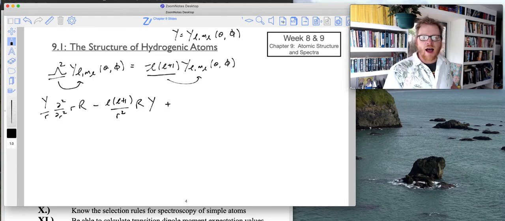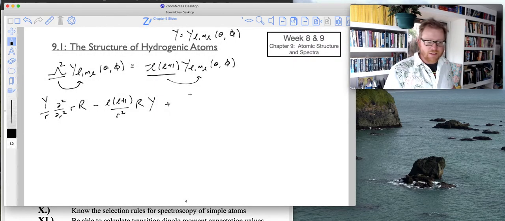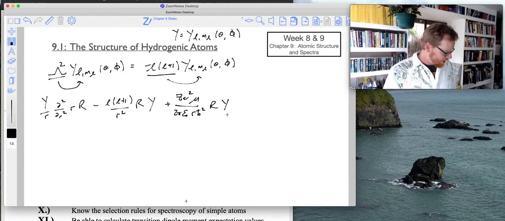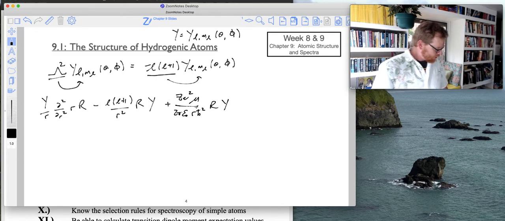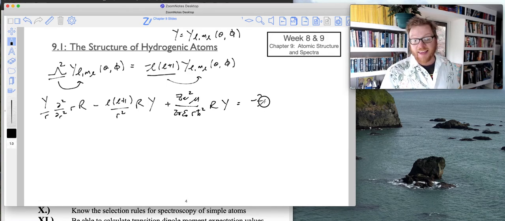And then I've got my potential energy term that I'm going to write. That's plus Z e squared mu divided by 2 pi epsilon r h bar squared, and that's still times R Y, because this is just a bunch of constants, so there's no operation there. And then all of that equals my K solution, where K is negative 2 m_e over h bar squared.